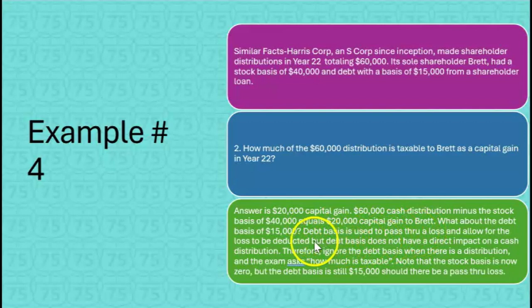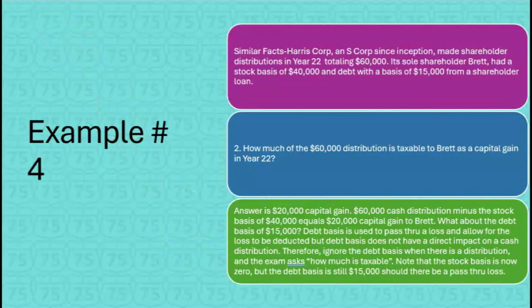What about the debt basis of $15,000? Well, debt basis was used to pass through a loss and allow for the loss to be deducted, but debt basis does not have a direct impact on a cash distribution. Therefore, we're going to ignore the debt basis when there's a distribution and when the exam asks how much is taxable.